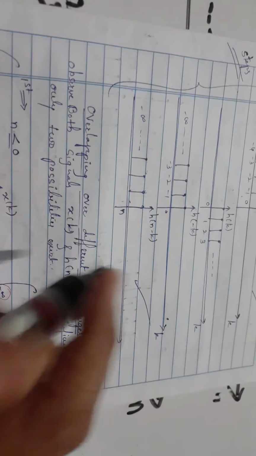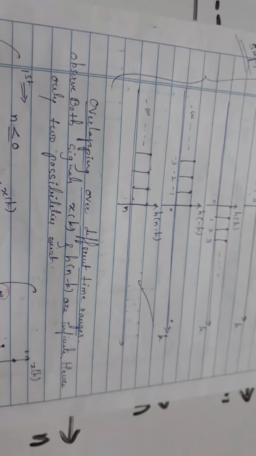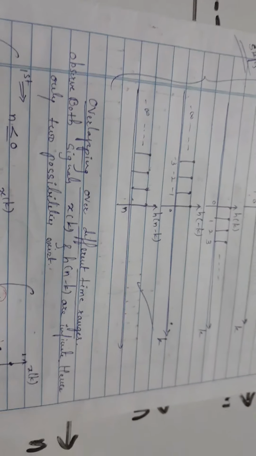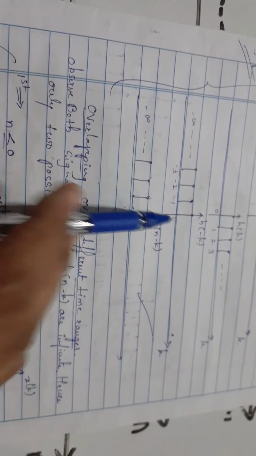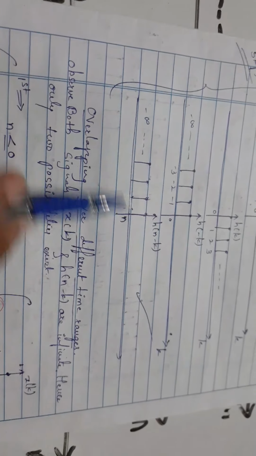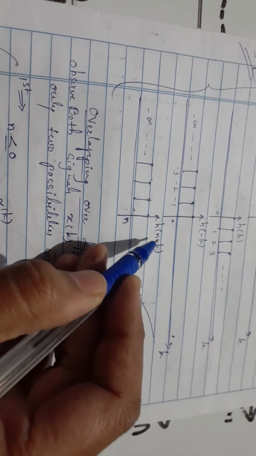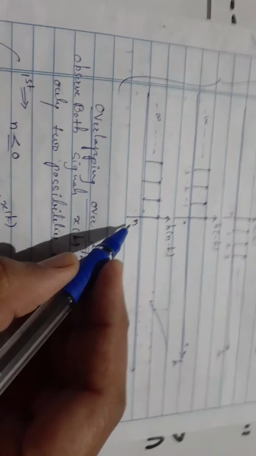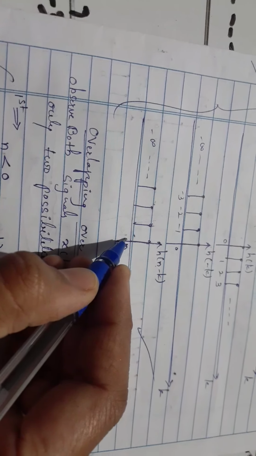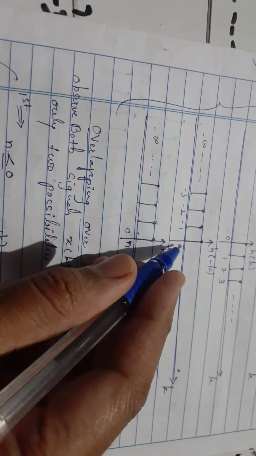To get that, redraw this reflected signal one more time, minus infinity to 0, then simply add plus n to your horizontal axis. So here it is 0.